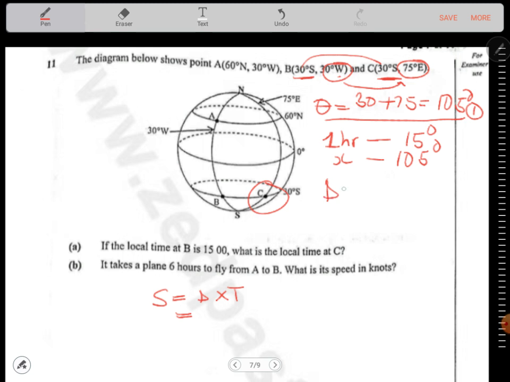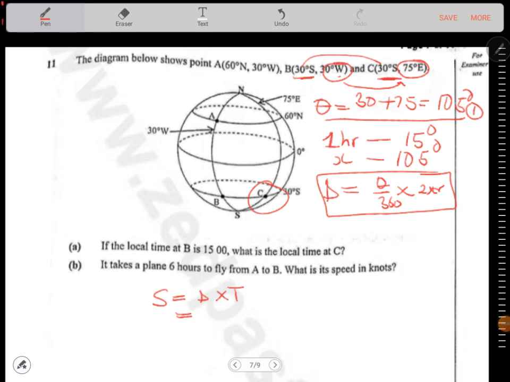So the distance there is equal to theta over 360 times 2 pi r, if I'm not mistaken.